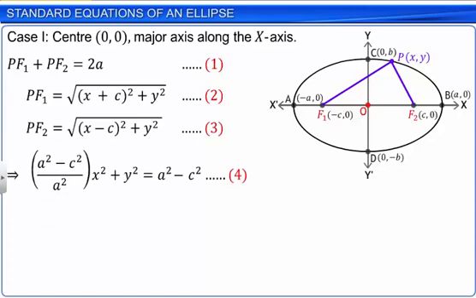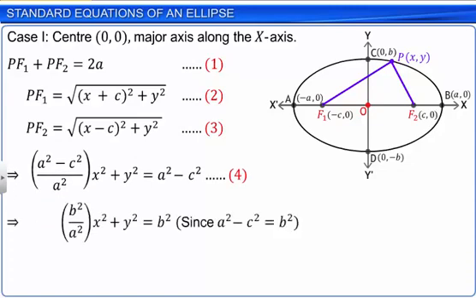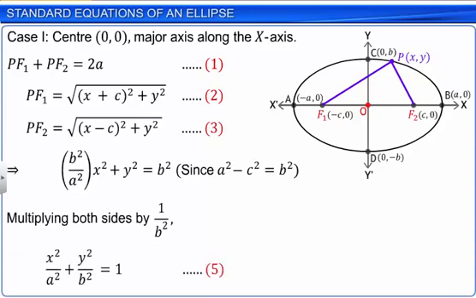Substituting the values of a square minus c square as b square in equation 4 and simplifying further, we get x squared upon a square plus y square upon b square is equal to 1.